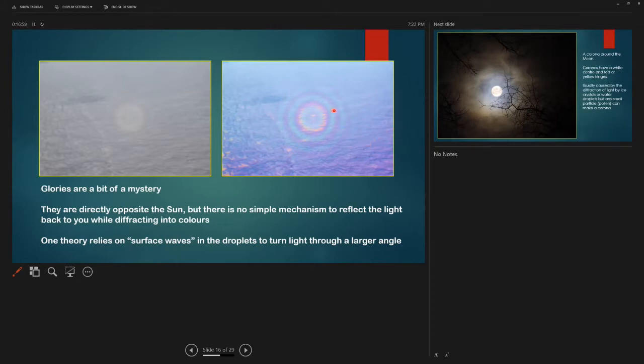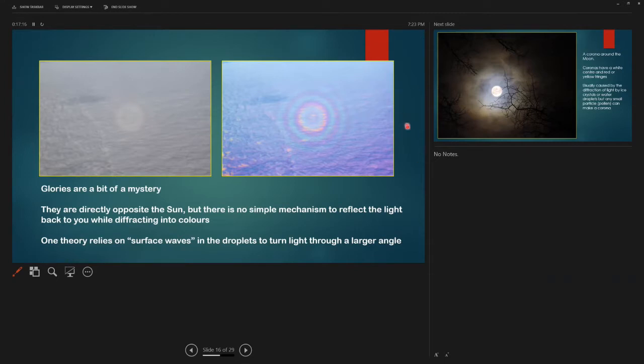And one of the explanations, possibly the best so far, although not completely accepted, is that there is kind of a quantum wave tunneling along the side of the drop that carries it a few extra degrees so that it's then able to return directly toward your eye.